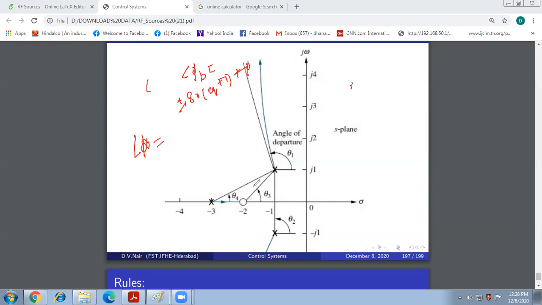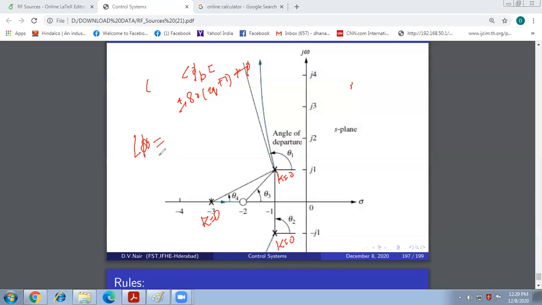When I join them with the open loop pole where I want the angle of departure of the root locus branch, from our earlier discussion, we will have three root locus branches corresponding to three open loop poles, each originating when gain k is 0 and growing with higher values of gain k.